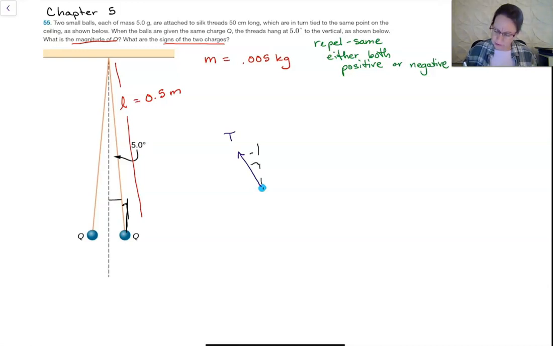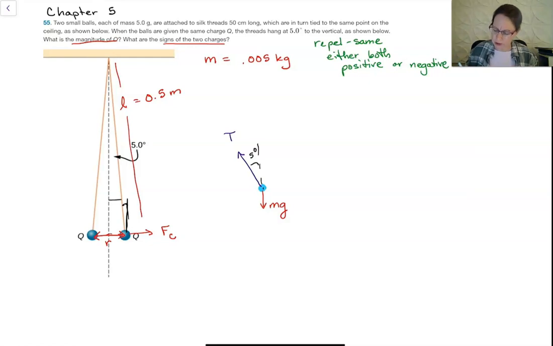And we have, of course, mg that's down, because we have weight that's down and tension, and then the other force, sort of the new force for us here, is a Coulomb force, pointing on this object to the right because it's along the line between these two charges, and so it depends on this distance r.